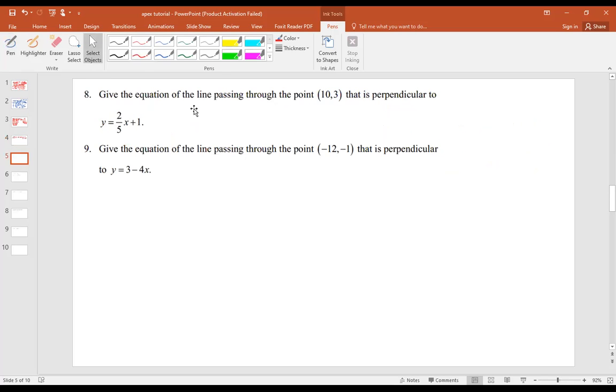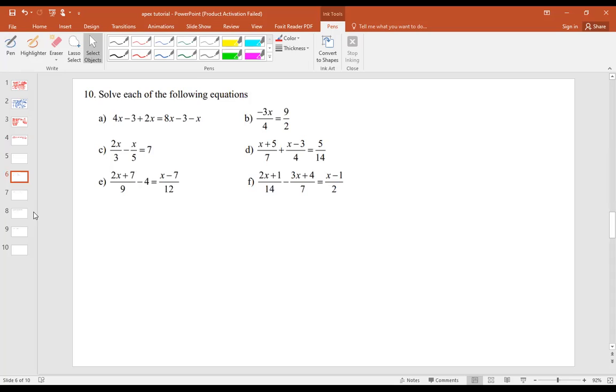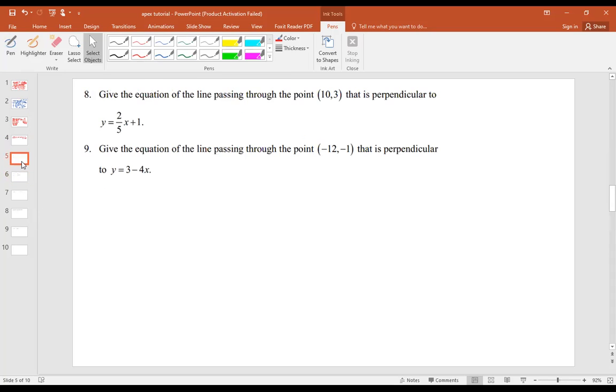Okay, let's talk about perpendicular lines. I think these are the questions to solve for today, and tomorrow we'll continue with quadratic. I don't know if there are other equations that we need to look at, but tomorrow we'll continue with other equations and also look at quadratic equations.